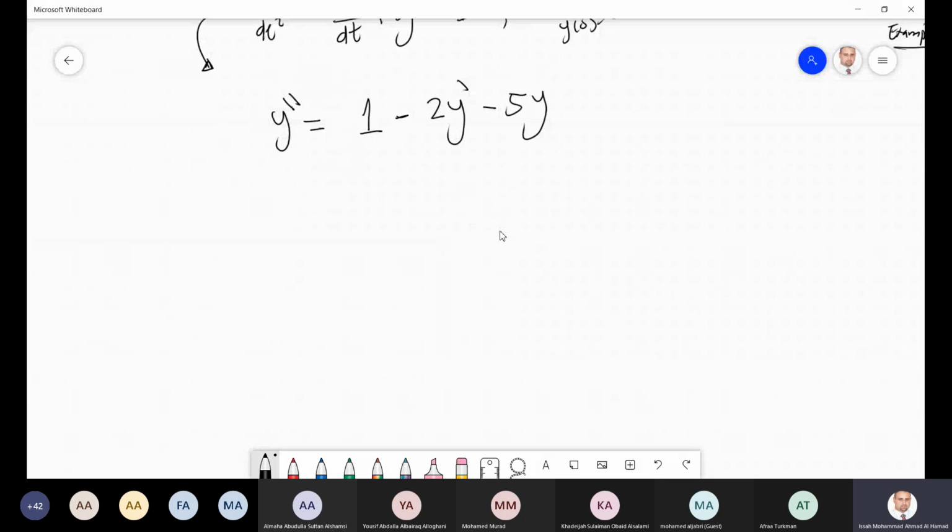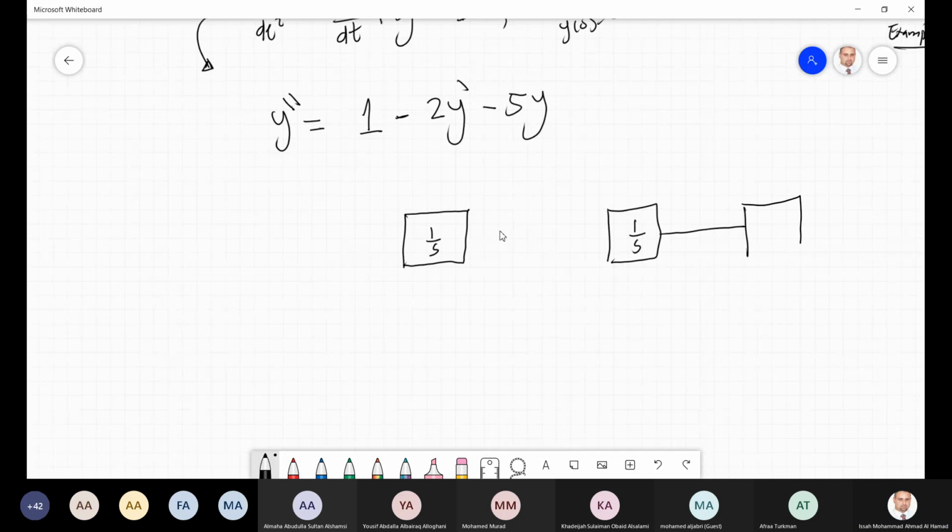So how many integrators do we need? We need 2 integrators. So this is the first integrator and this is the second integrator. And this is the scope. تمام. الآن I will connect them together and let me see what is the input here. It is y double prime. What is the input here? It is y prime.